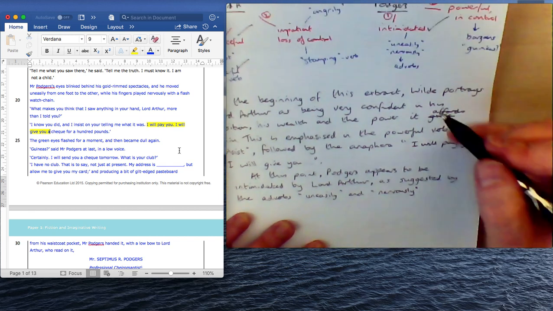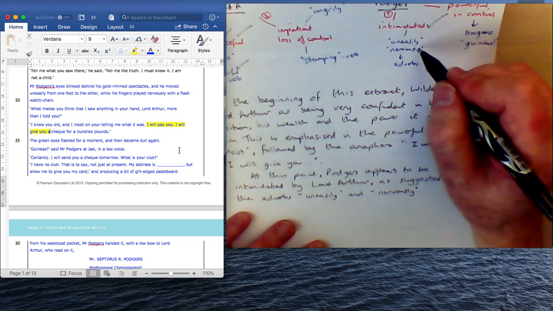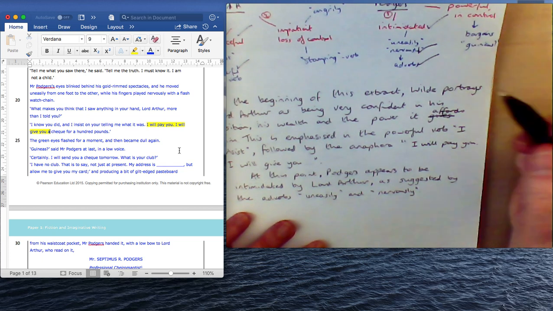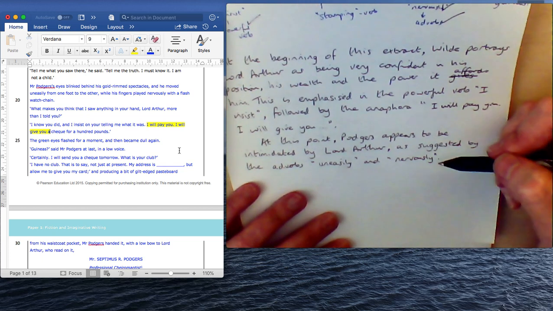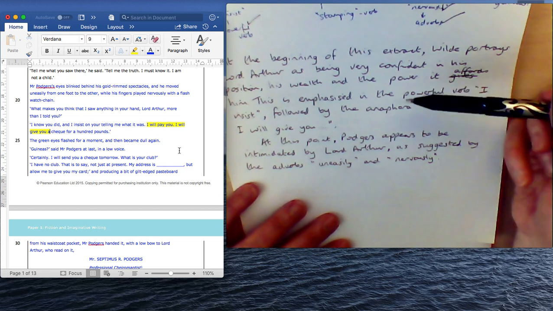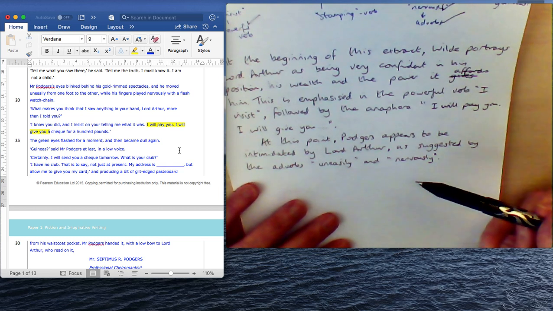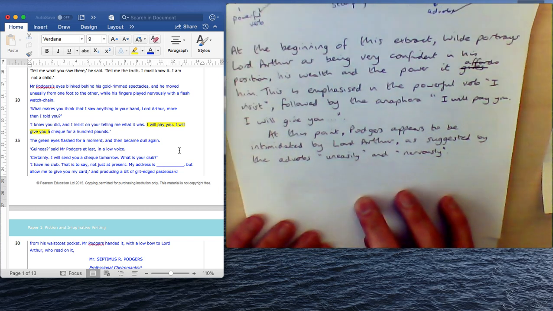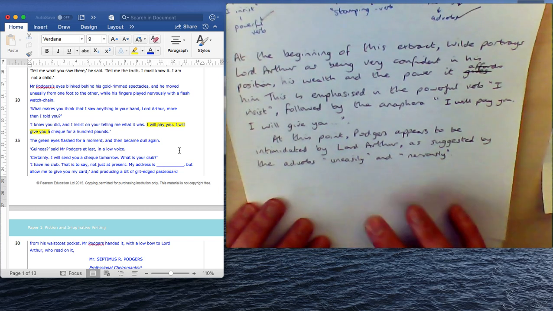Okay, so I've said that he's intimidated, and I've talked about adverbs, uneasily, nervously. So I've covered the first half of my answer. I've talked about Lord Arthur at the beginning and Podgers at the beginning. Now I want to talk about how it changes, and that again is a structural point.